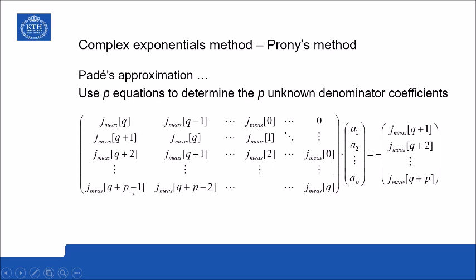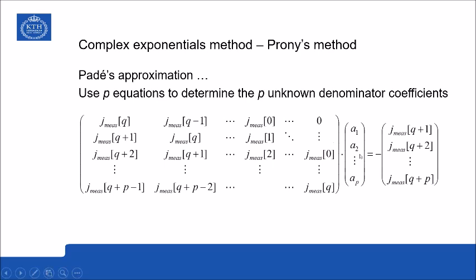Of course, this requires that we do the measurement over a sufficiently long time so that the samples of the impulse response function vary sufficiently much. So this is Padé's approximation, and you can simply solve it as an ordinary linear system of equations.